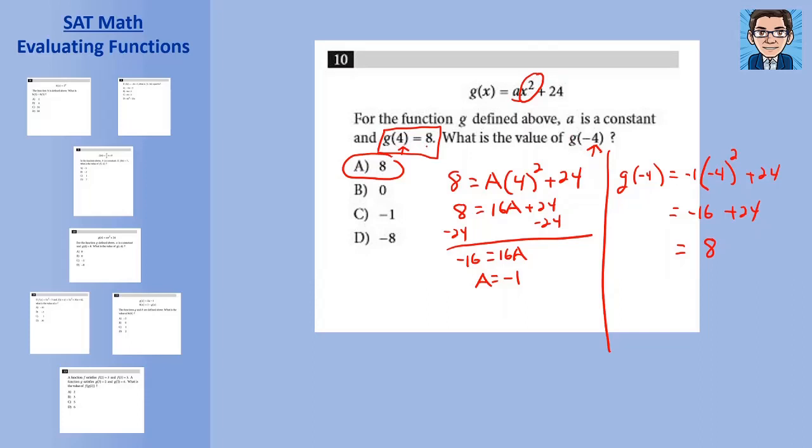So we know that g of 4 is 8. So g of negative 4 also has to equal 8. So that's another shortcut, much easier way to do this if you recognize that. If not, then just solve for the constant and then go ahead and plug it in and solve with the other function. Either way, we get 8 as our answer A.